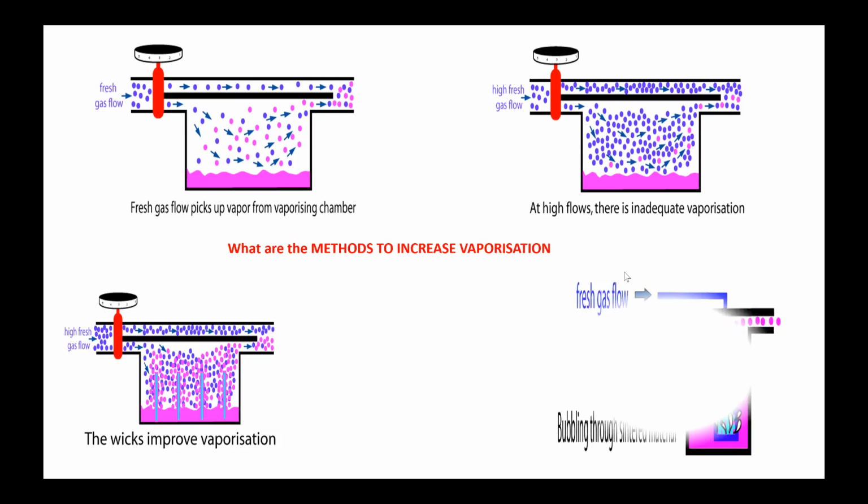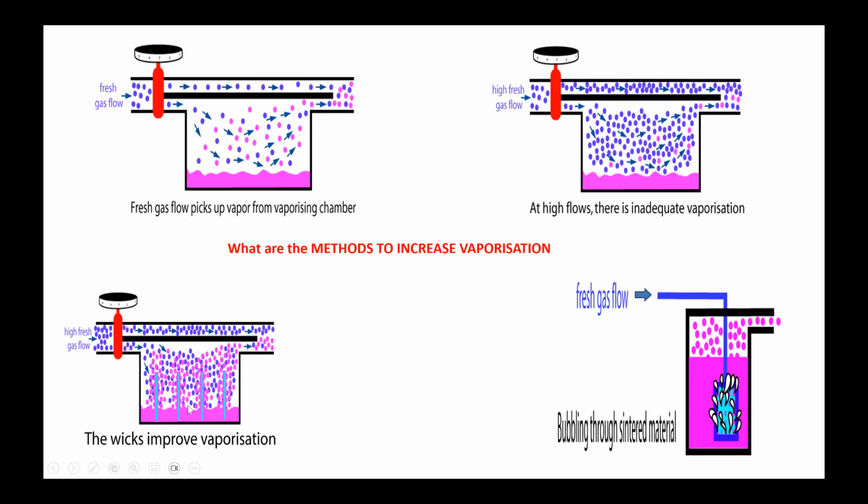But in the modern vaporizer, the higher flow will pick up a lesser quantity of vapor, and lower flow will pick up more quantity of vapor because there is more time for the gases to travel through the vaporizing chamber, and that is how you will end up with the difference.